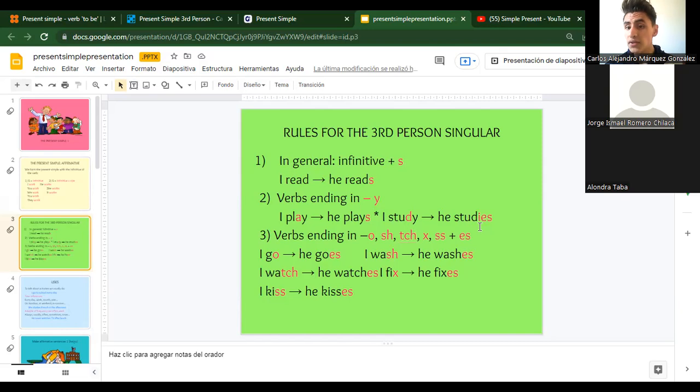We pronounce he studies, but when we write, we don't just add a letter S. We add IES. Remember, vowel and letter Y, we only add a letter S. But when we have a word that finishes with a consonant and a letter Y, we add IES.